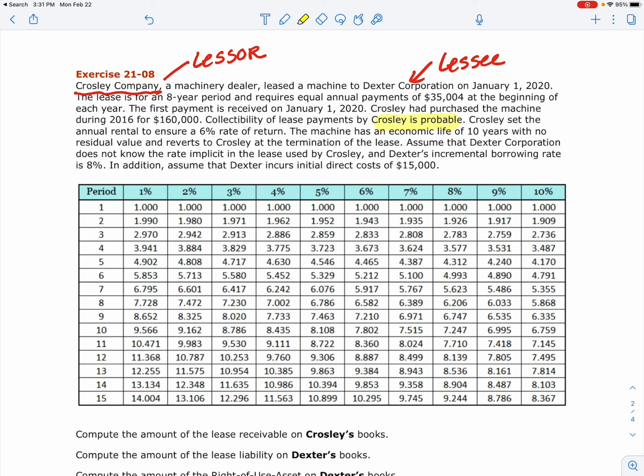Annual interest rate is 6%. The machine has an economic life of 10 years with no residual value, and some other information. They assume Dexter Corporation does not know the rate, and Dexter's borrowing rate is 8%. And then there's some other direct costs to Dexter.